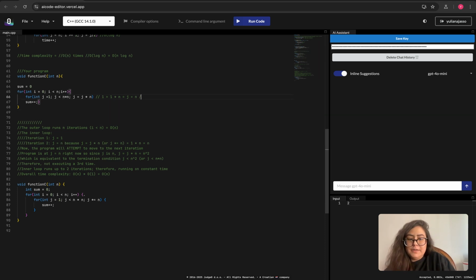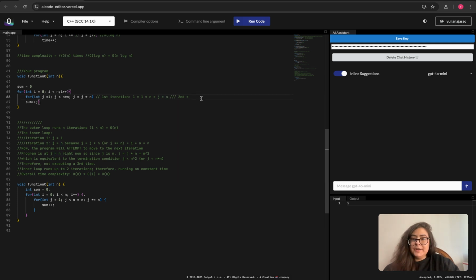We're in the second iteration, our j is n right now, because we got it from the first iteration.